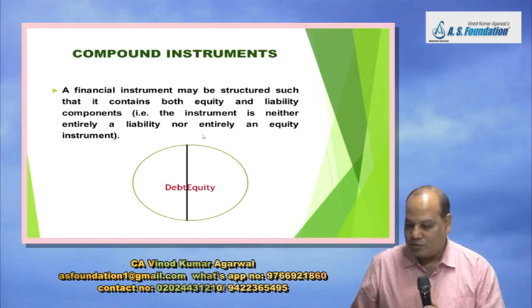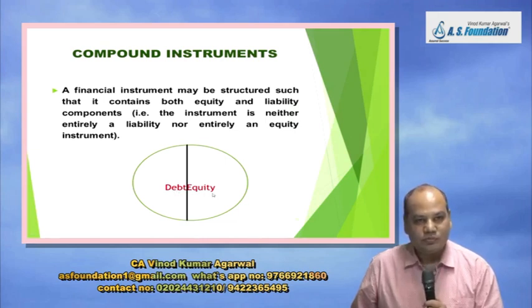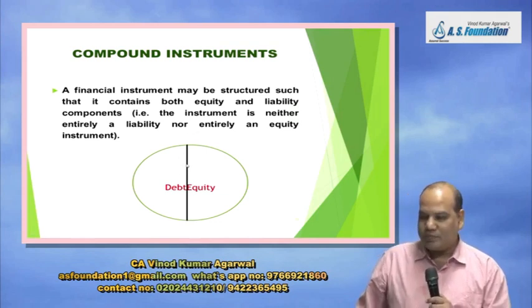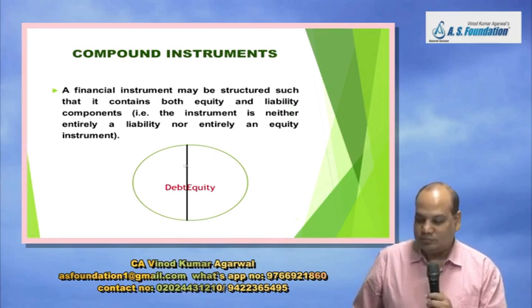A compound instrument is an instrument which has features of both debt and equity. That means this instrument is not only debt, it is not only equity, it is a combination of debt and equity. Like for example, a convertible bond.